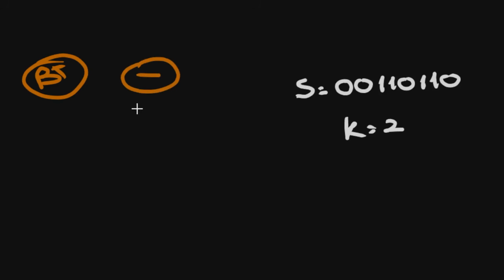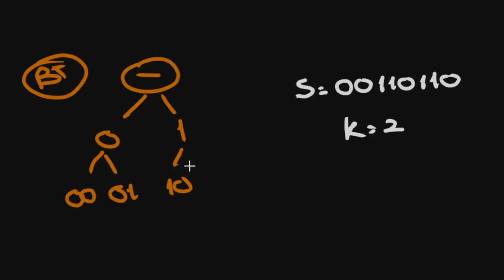And you can even visualize this as a tree in the traditional backtracking approach. We start from an empty string and we can choose to either take 0 or take 1. Then from here we can either take 0, so we get 00, or take 1 and get 01. From here we can either take 0 and get 10, or take 1 and get 11.